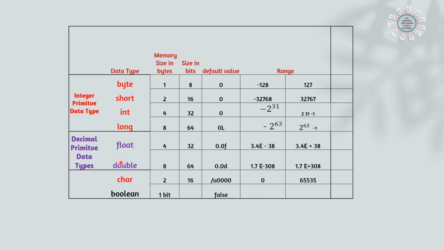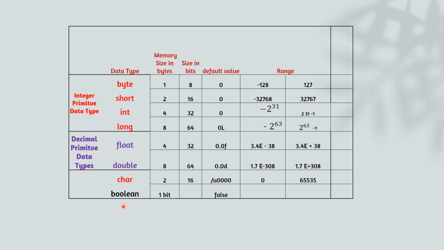Float and double can store decimal numbers. Char stores characters, and boolean stores true or false. So if it is asked to name the integer primitive data types, they are byte, short, int, long. If it is decimal, float and double, and then character and boolean. And if all the 8 primitives are asked, then you have to write all of them together.